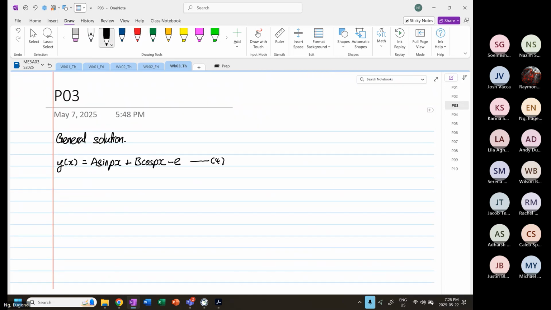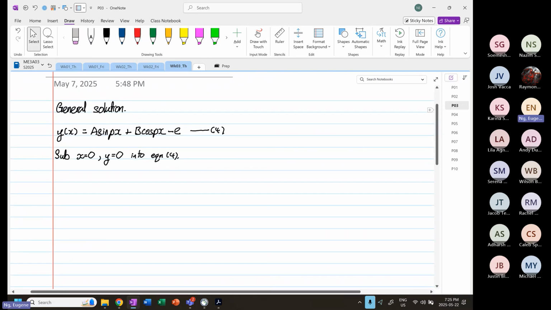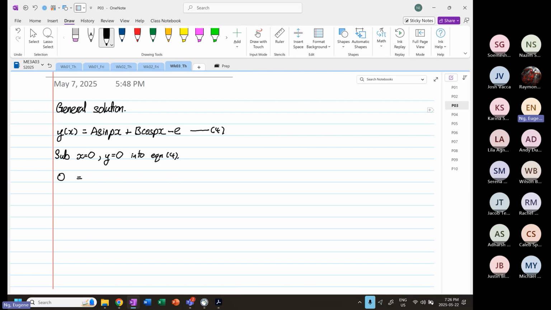Okay. So coming back to here, we're going to substitute when x is equal to 0, y is equal to 0 into equation number 4, right? So this will be equal to 0, and sine 0 is 0, cos 0 is 1, so you have B minus e.